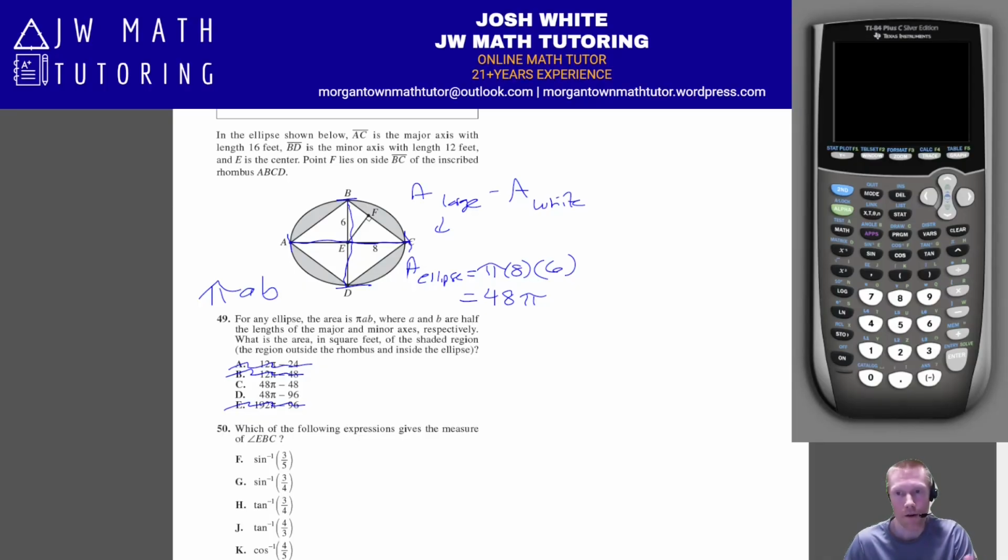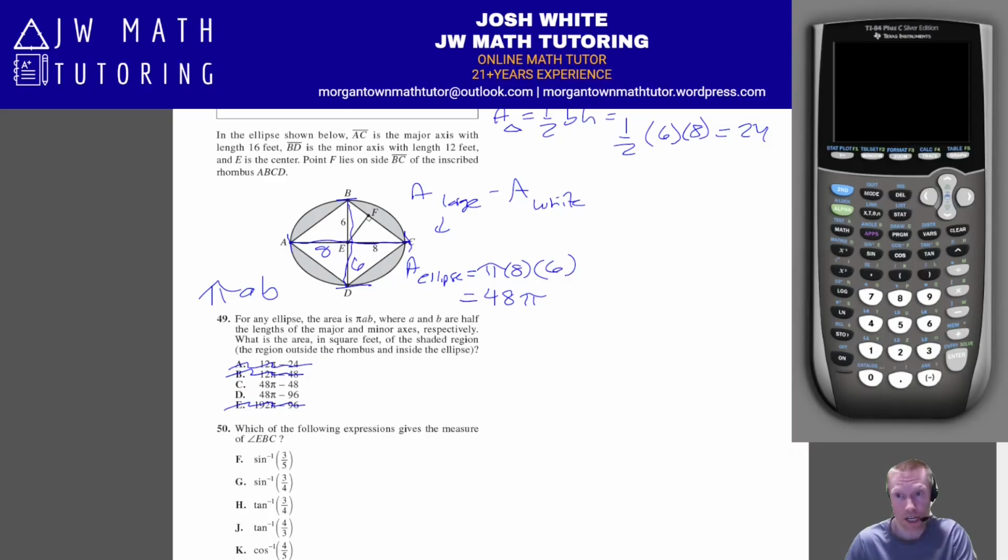But one way you could do it is you could notice that it is 4 different congruent triangles, each of which are like 6 by 8. So if you find the area of one triangle, 1/2 base times height, that's just going to be 1/2 times 6 times 8. So 6 times 8 is 48. Half of that is 24.